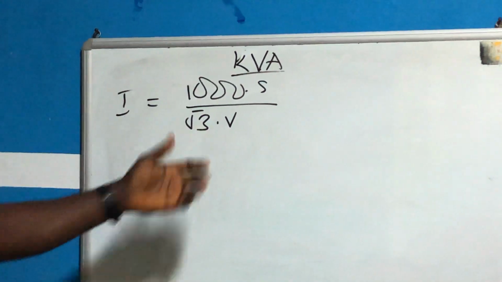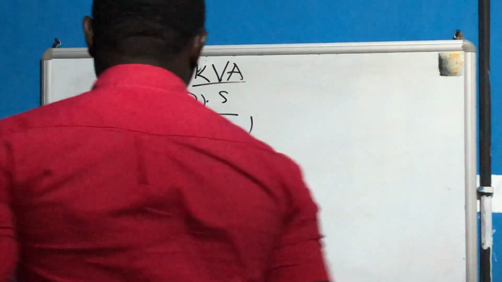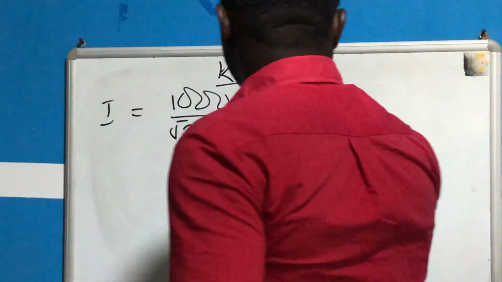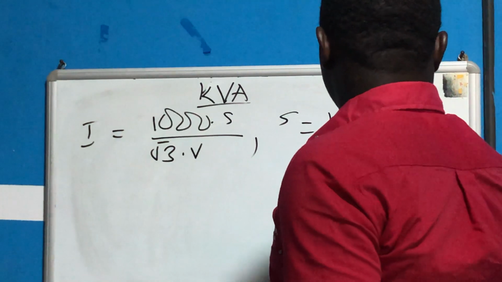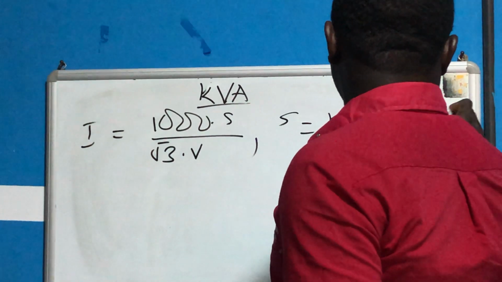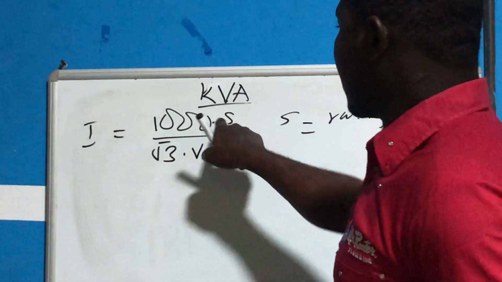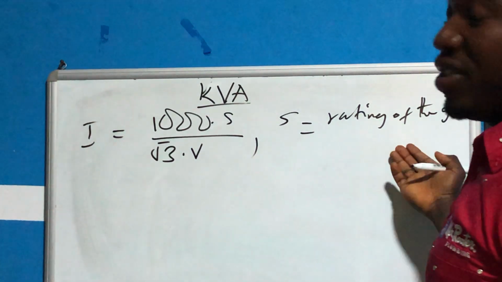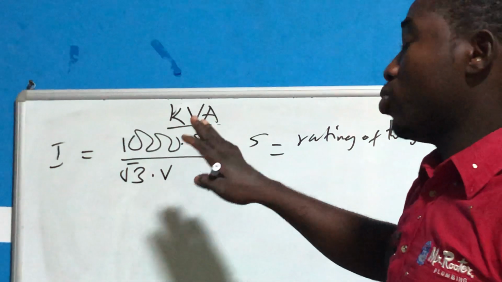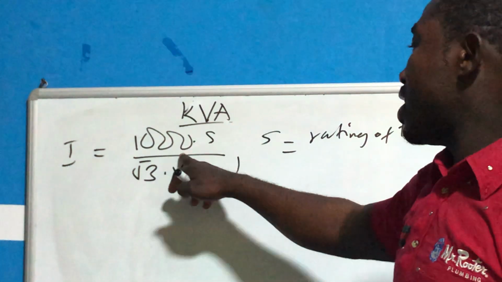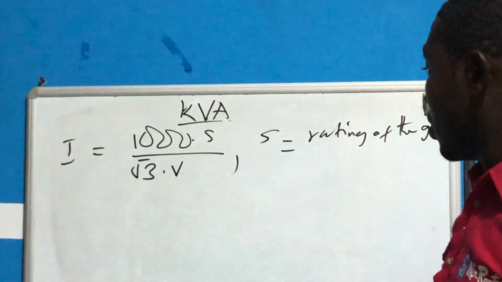Let me define the variables. S is equal to the rating of the generator. So the S in the formula represents the rating, and here we are talking about kVA, so the rating of the generator here is in kVA.